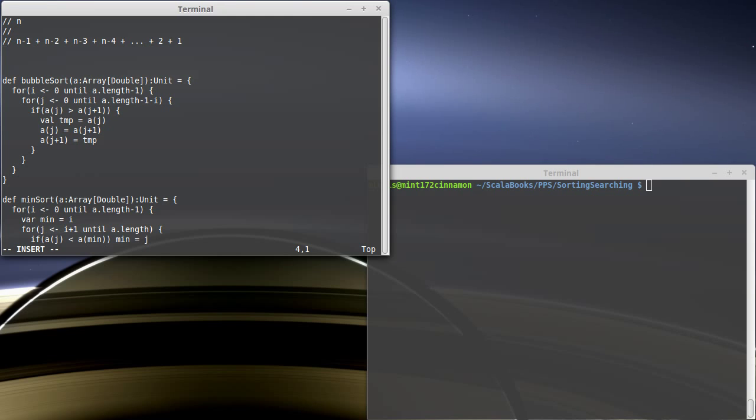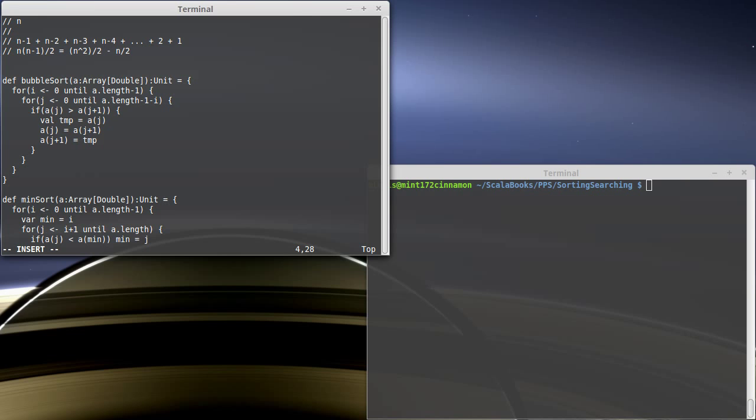Well, it turns out that sum can be nicely expressed as n times (n minus 1) divided by 2, which happens to be equal to n squared over 2, minus n over 2.